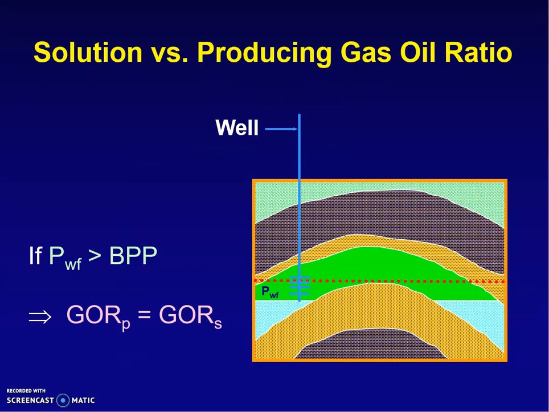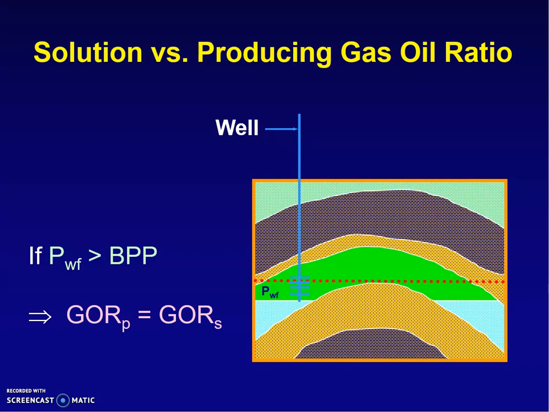We also have definitions for solution and producing gas oil ratio. Solution gas oil ratio means how much of this gas is dissolved inside the oil, as we discussed previously. Producing gas oil ratio means how much gas we are producing. So they might be different.